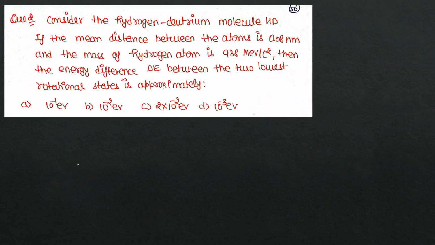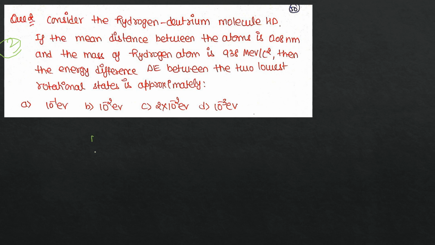Consider the hydrogen deuterium molecule. Question number two. Hydrogen deuterium molecule, HD. If the mean distance between the atoms is 0.08 nanometer, and the mass of the hydrogen atom is this, then find the energy difference between the two lowest rotational states.